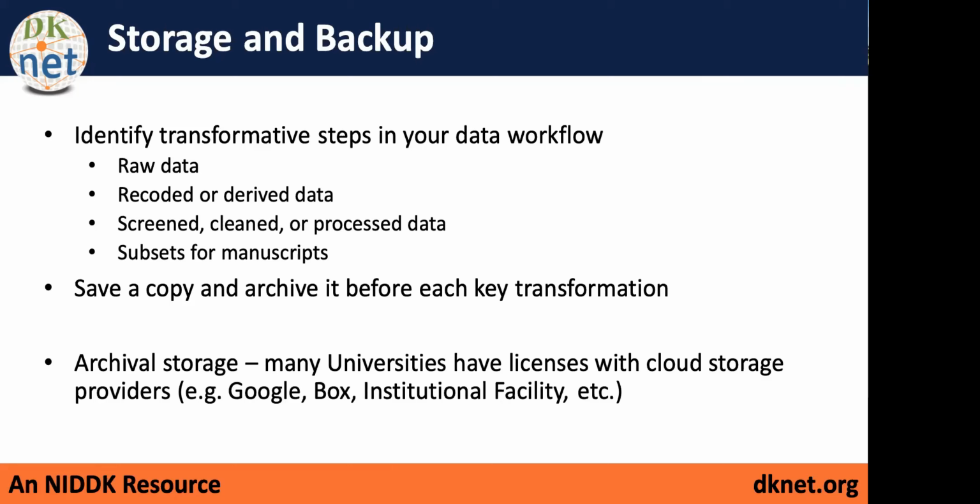The data that gets recoded may be done on a special computer. If you have a license for software, a lot of times that license is licensed per seat, so there may be one computer in a lab that can do the recoding, right? So it doesn't exist on your computer. So again, you need to map out these workflows.